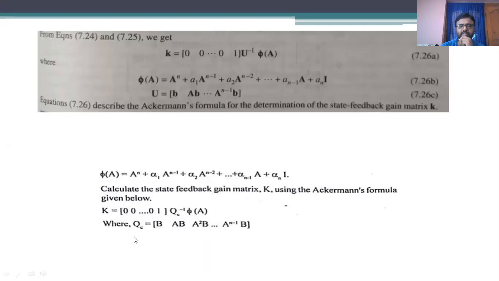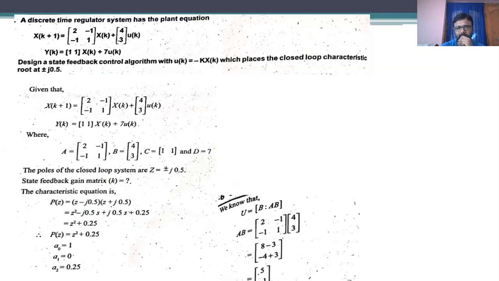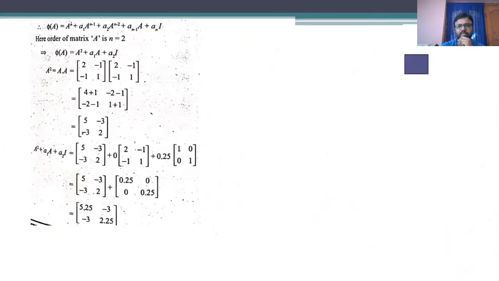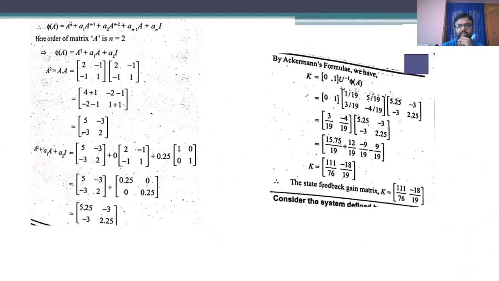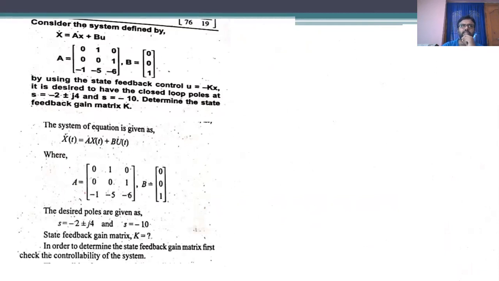The controllability matrix in some textbooks is referred to as QC, and in some textbooks as U. Finally, we need to determine whether the system is controllable or not, and then proceed to determine the state feedback gain matrix. The first problem was based on Ackermann's formula, and next we move to the determination of the state feedback gain matrix using the second method.